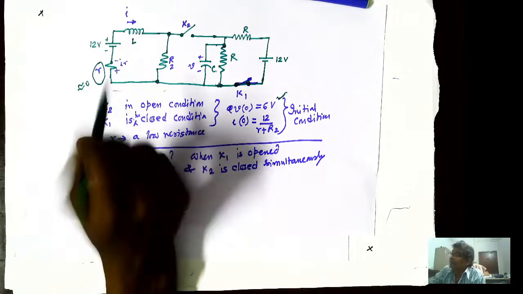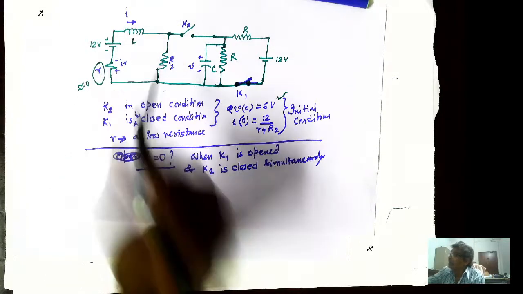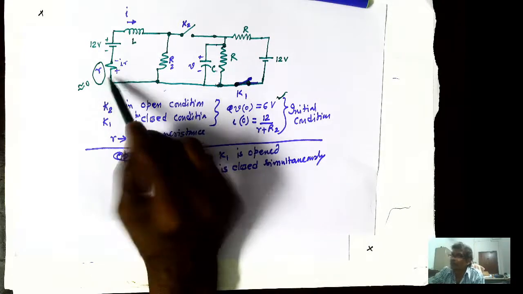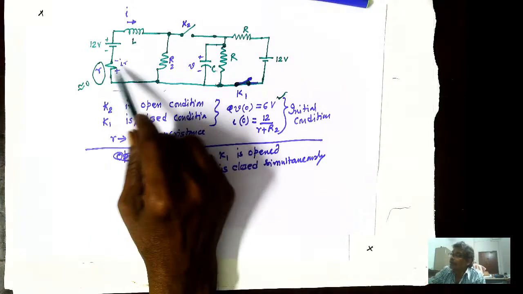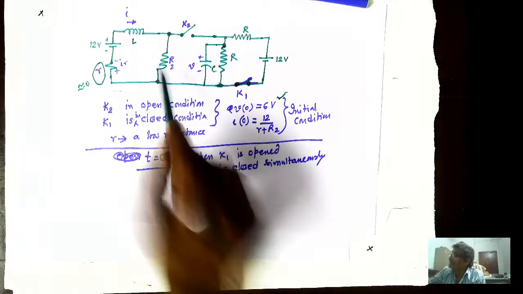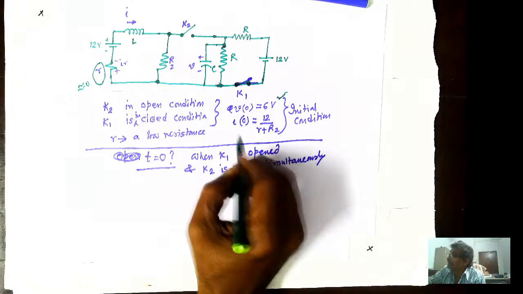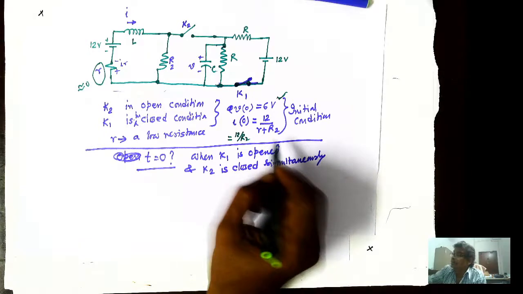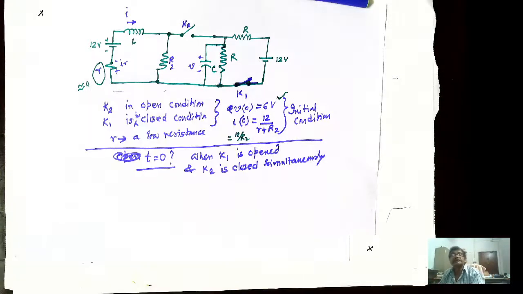So in this circuit also the current will be, strictly speaking, 12 divided by r plus R2. But if this small r is much smaller than R2, it is as good as 12 by R2, with r tending to 0, a small resistance.